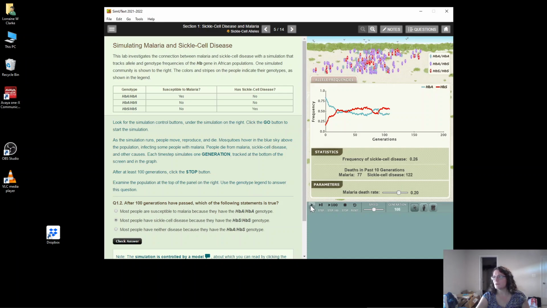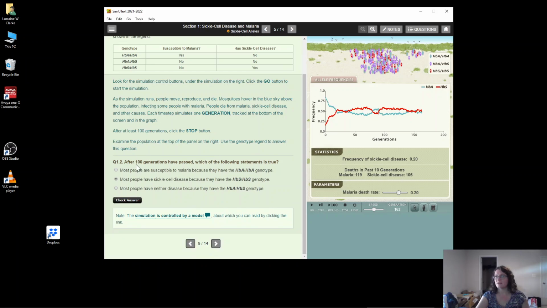So let's go. We are now with the deaths here, okay? Past 100 generations, okay? We're right at about 50% of each allele, and it quickly changed because of these deaths. So let's look. After 100 generations have passed, which of the following statements is true?